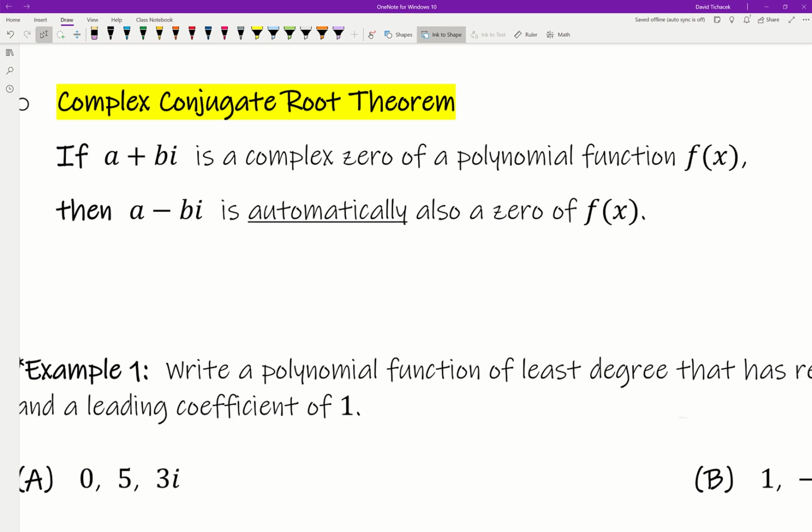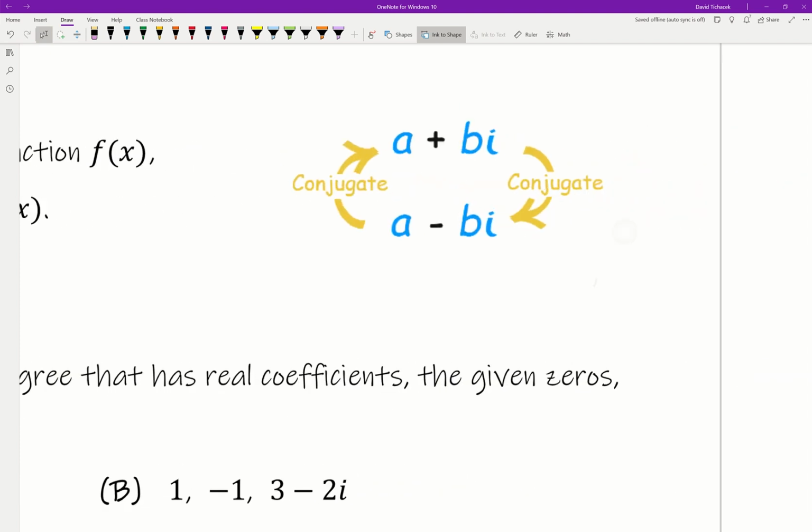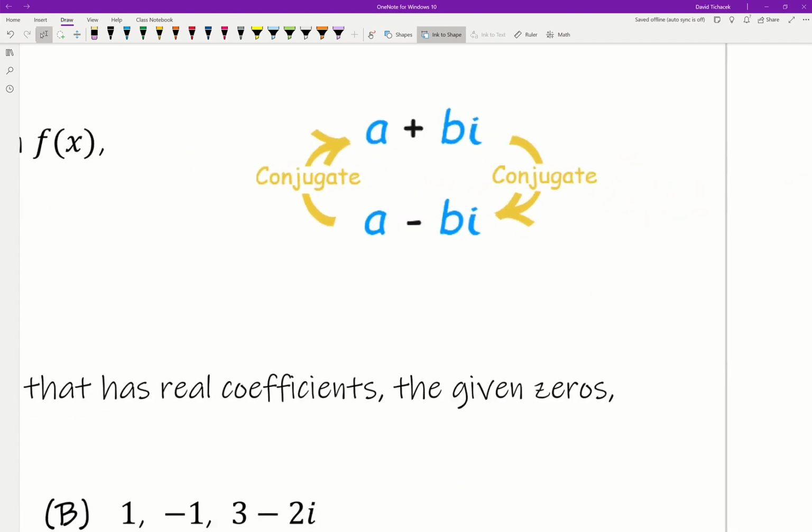So again, what is a conjugate? We talked about this back when we first talked about complex numbers, and those videos are still live, so feel free to go back and watch them. A conjugate of a complex number is the same complex number, but instead of the addition sign we put a minus sign, and vice versa. It's super easy to find the conjugate.